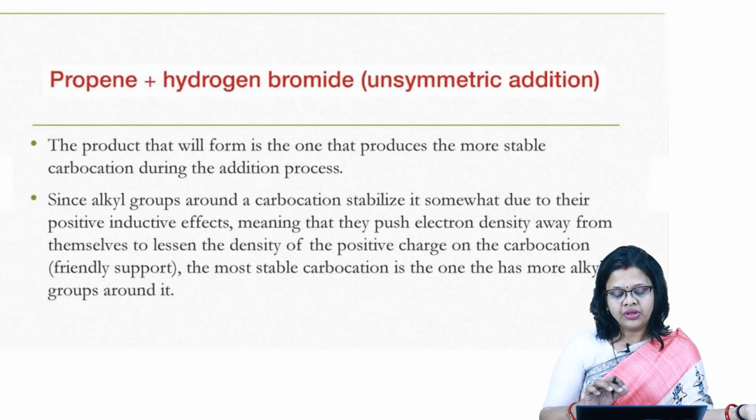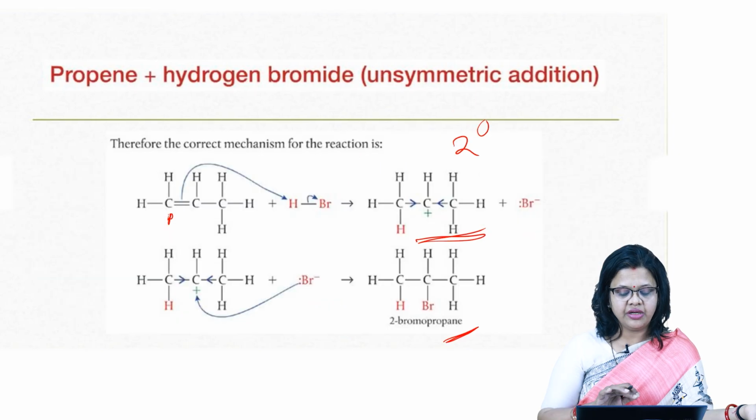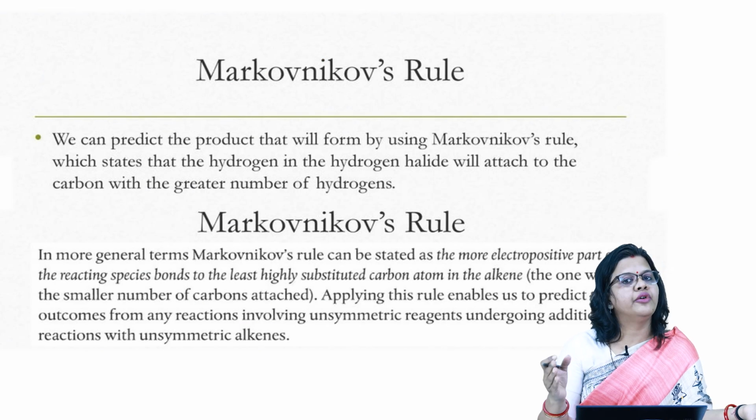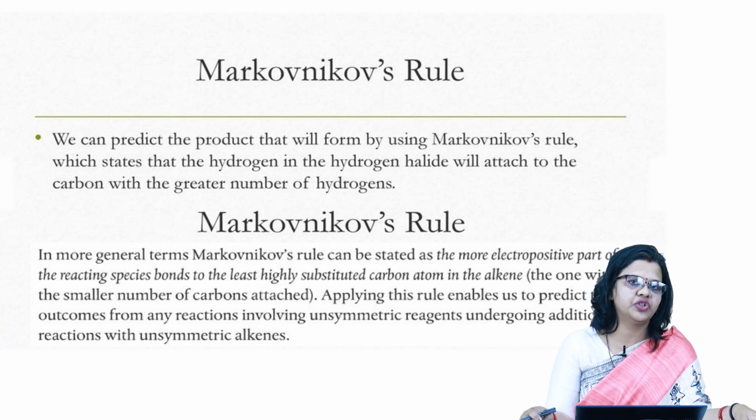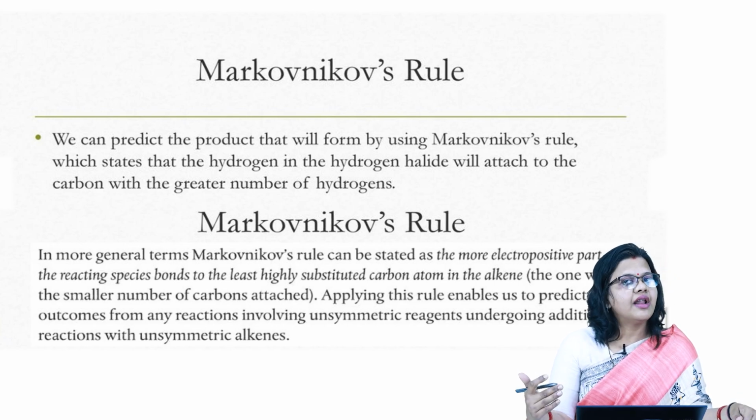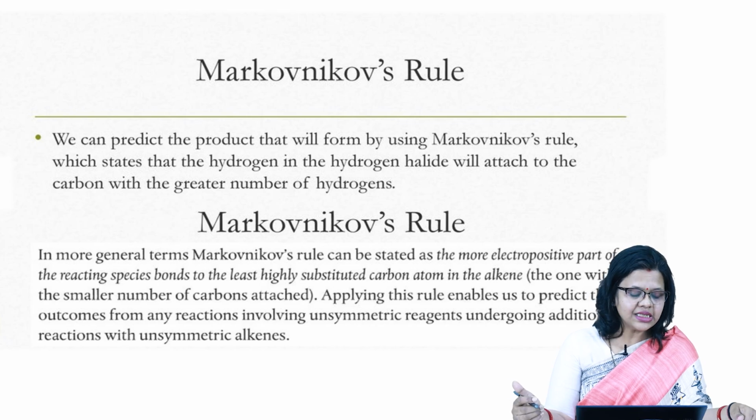This addition is governed by a rule which was first observed and explained by a scientist known as Markovnikov. Therefore, the rule is named after him, Markovnikov's rule. So what does this rule state? There are two important statements.